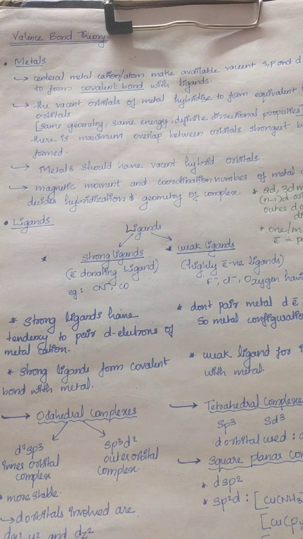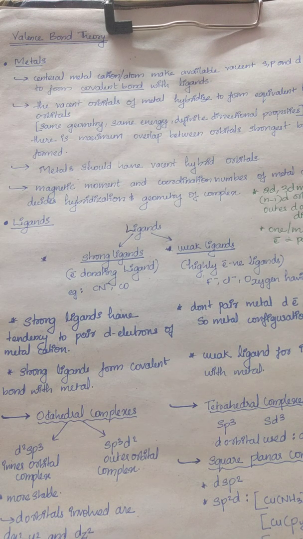The second point is there should be maximum overlap between the metal and the ligand, so the bond will be stronger. And however many atomic orbitals of the metal get hybridized, the same number of equivalent hybrid orbitals are produced.